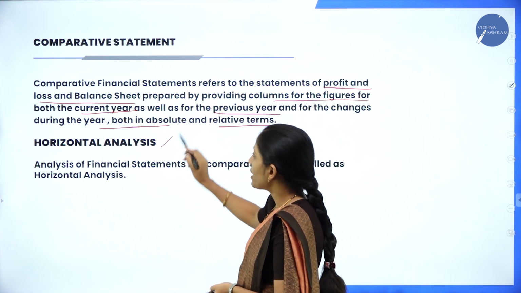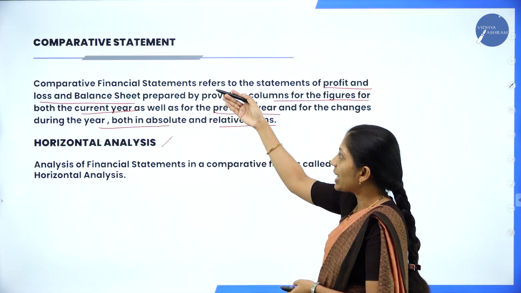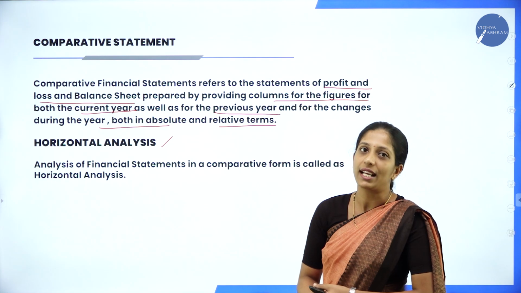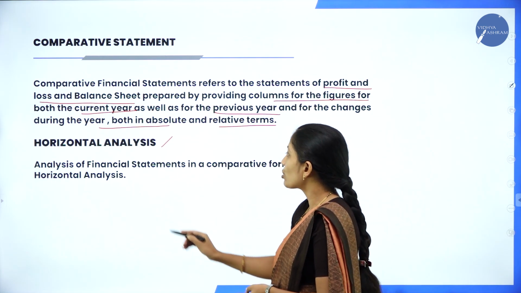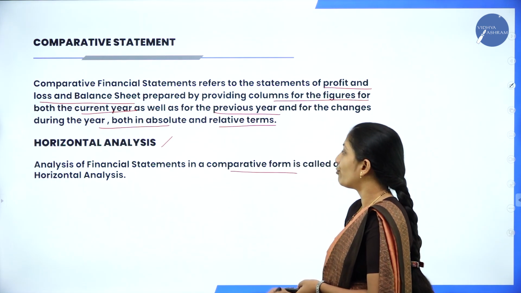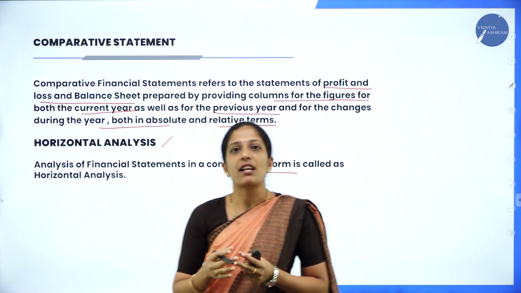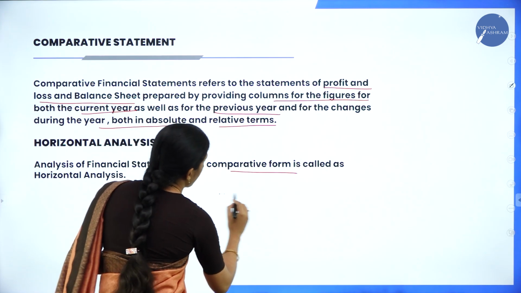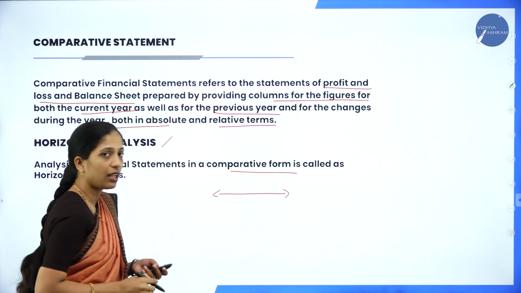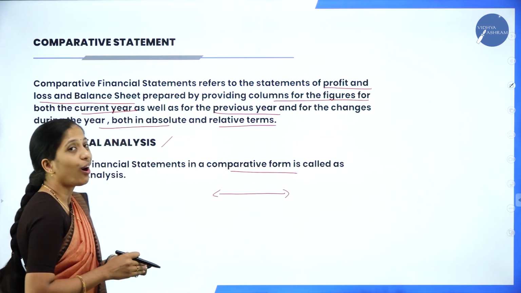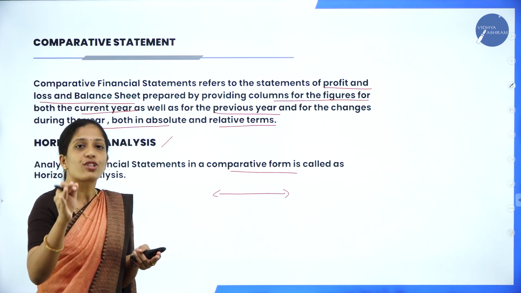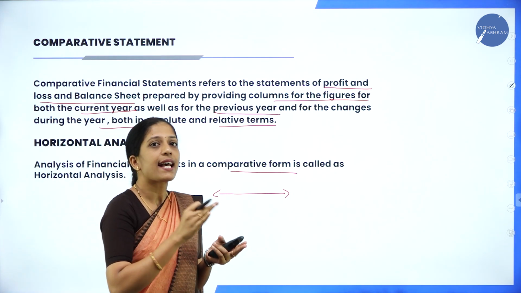Now, what is this horizontal analysis? Comparative statement comes under horizontal analysis. So analysis of financial statement in a comparative form is called what? Horizontal analysis. Under comparative statement, we are going to compare side by side. So it is called what? Horizontal analysis. Horizontally, we are going to compare side by side.